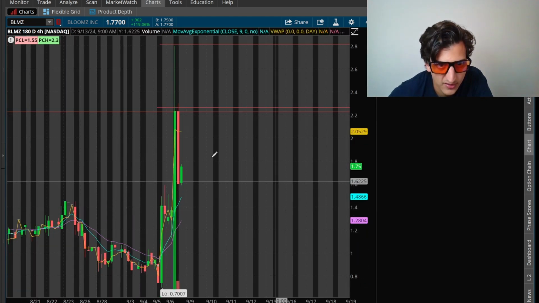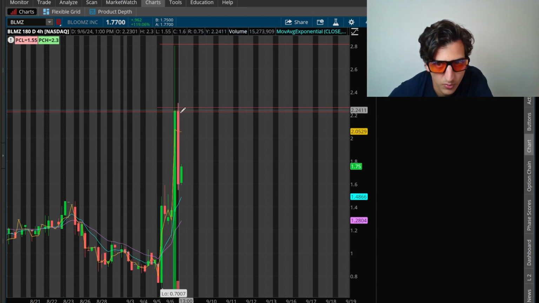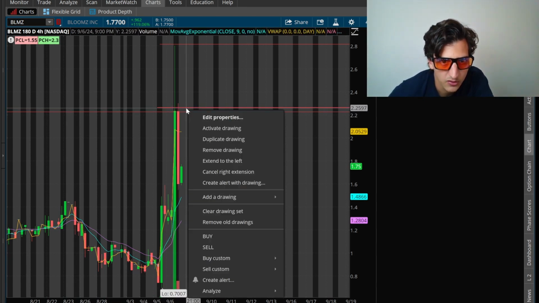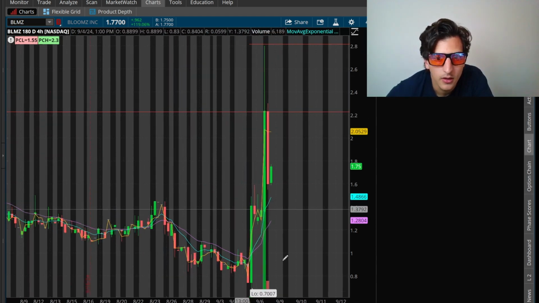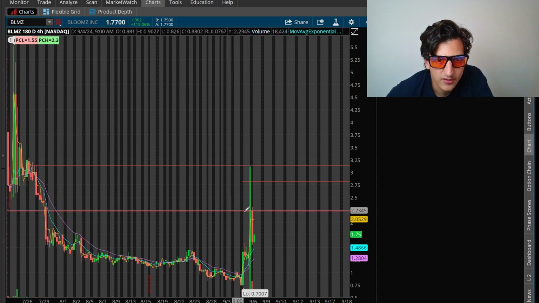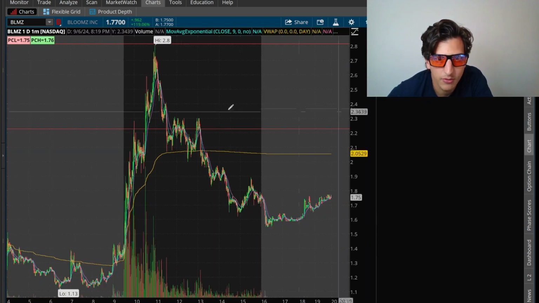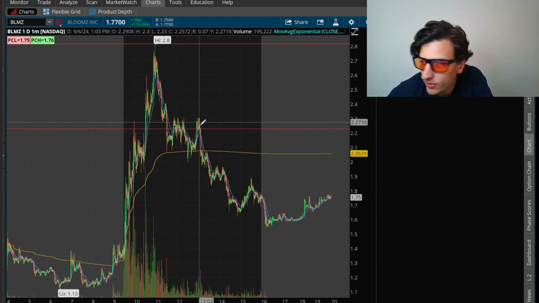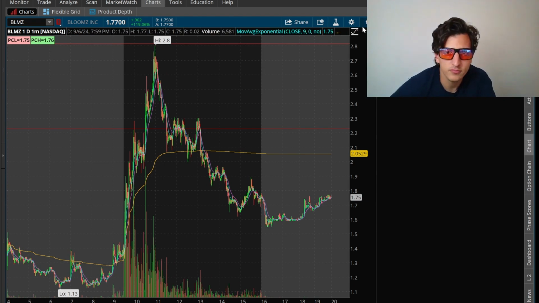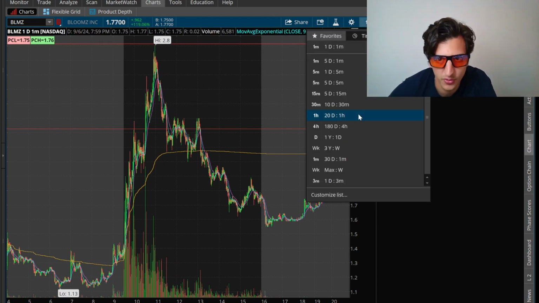And as we can see, it kind of perfectly coincides here with that 223 level. So we can actually delete this smaller line here. That looks pretty correct, because you can take a look here at the intraday level that it did coincide here with a little bit of resistance. It's not perfect, but it is close enough. And that's how you can get a good idea that you're doing it right.